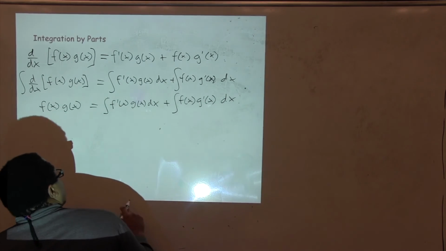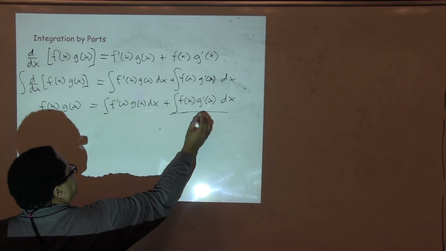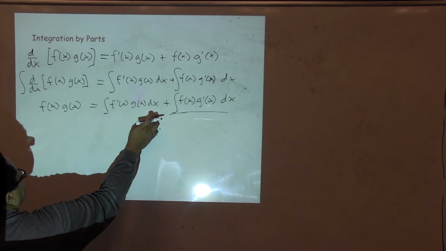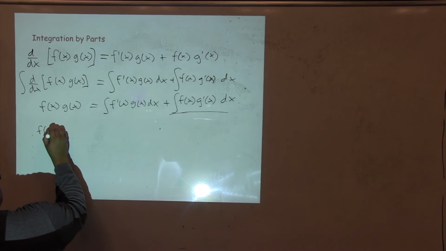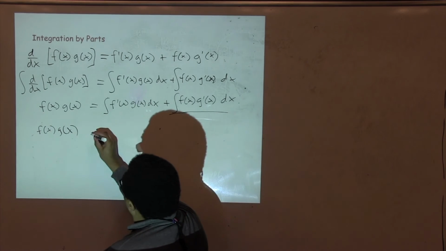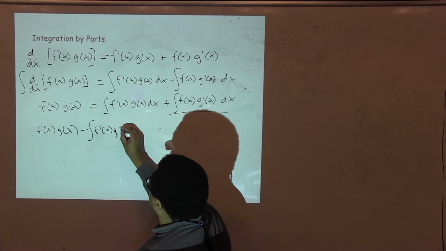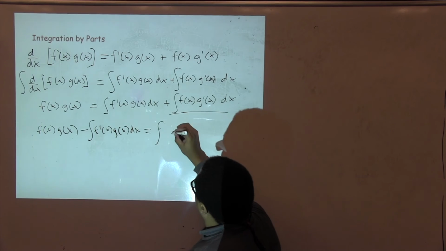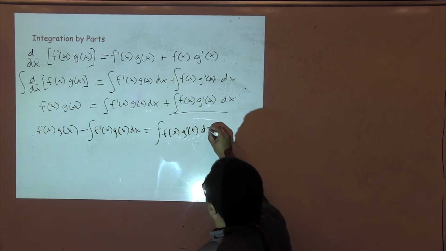Okay, so now I want to isolate that term, right? So I'm going to subtract from both sides of the equality the other term here. So I get f of x times g of x minus the integral of f prime of x g of x dx is equal to the integral of f of x g prime of x dx.